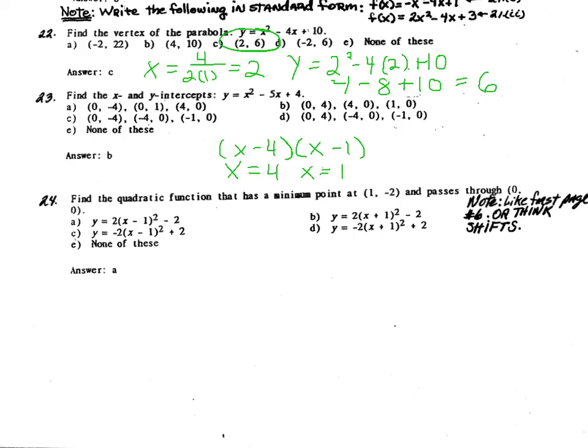And then to find my y intercept, I'm going to plug in 0 and get y equals 4. So we have a lot of choices that look very similar, and we want to remember that if you have an x-intercept, the x comes first, so it's at (4, 0) and (1, 0). If you have a y-intercept, a 0 comes first. So that would be answer B.